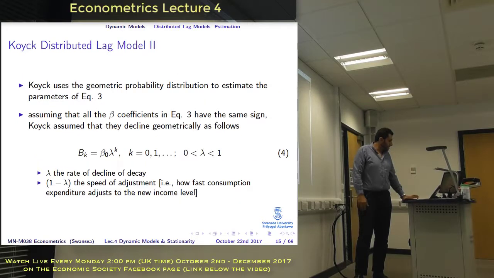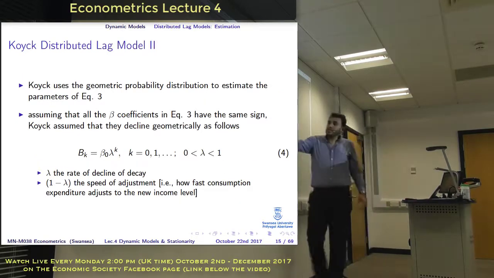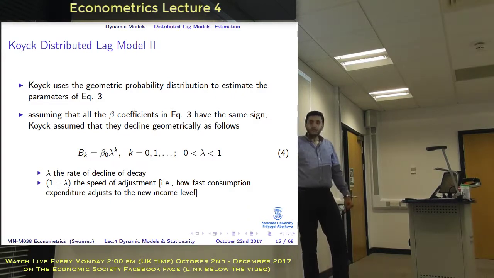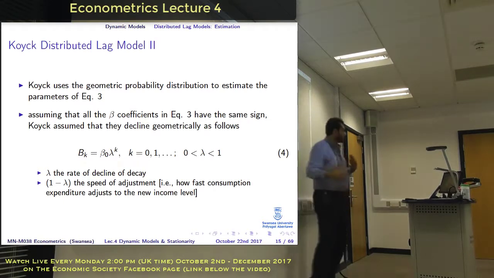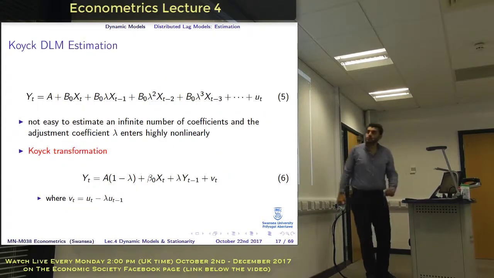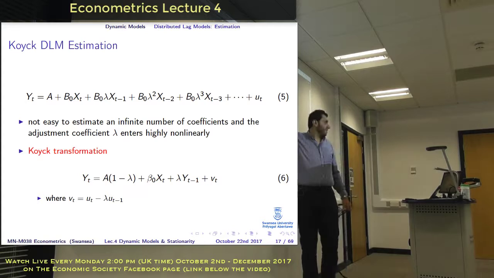If you go back to this slide, remember beta 1 will be equal to beta 0 times lambda raised to the first power. Beta 2 equals beta 0 times lambda to the second power, squared, okay? And it continues that way. So we just need to introduce this in this equation. That's what we have here.